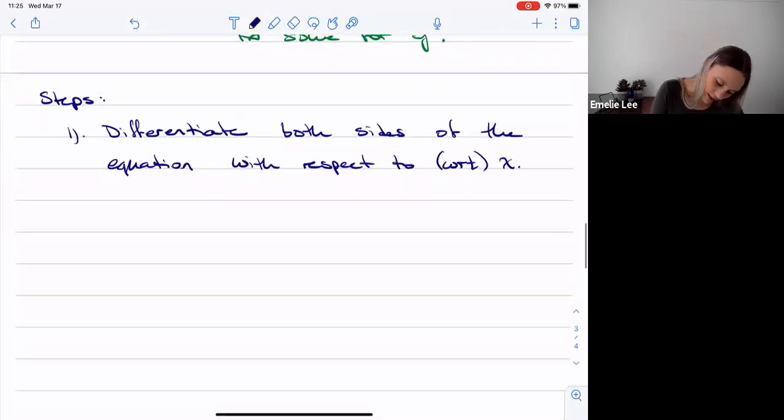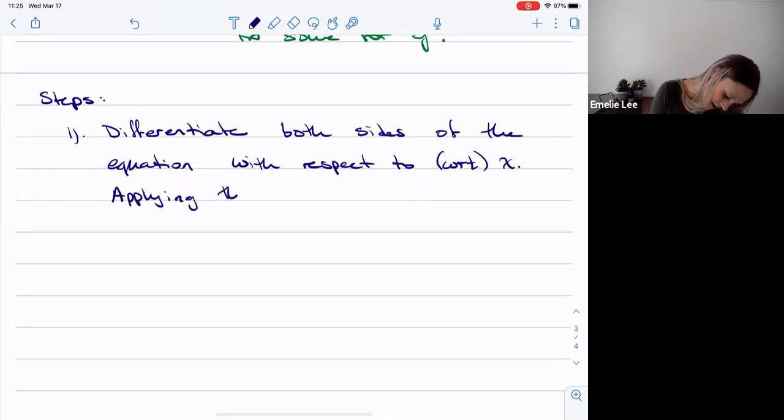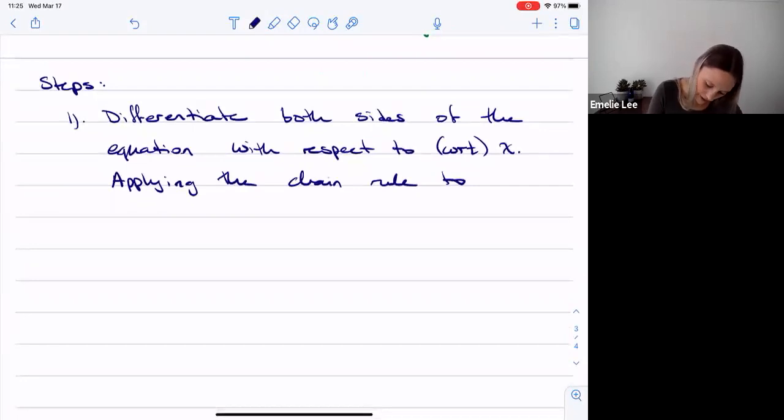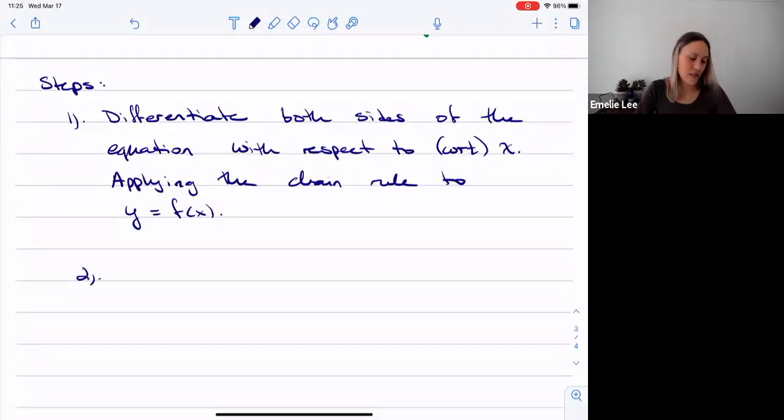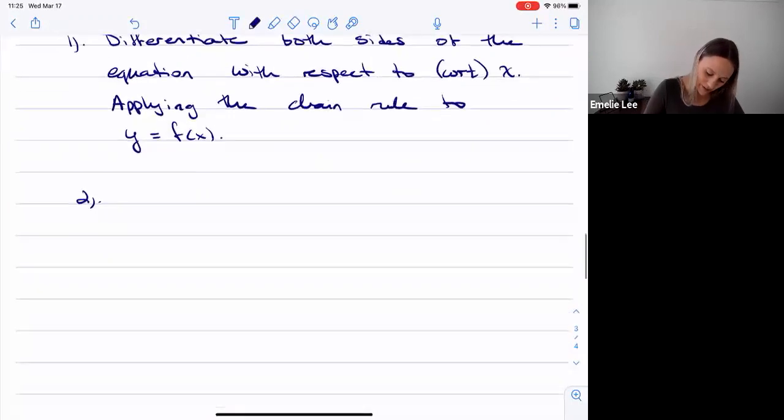Okay. Applying the chain rule, so just like we said, applying the chain rule to y equals f of x. And then our second step is, like we said, to solve for dy dx or y prime.